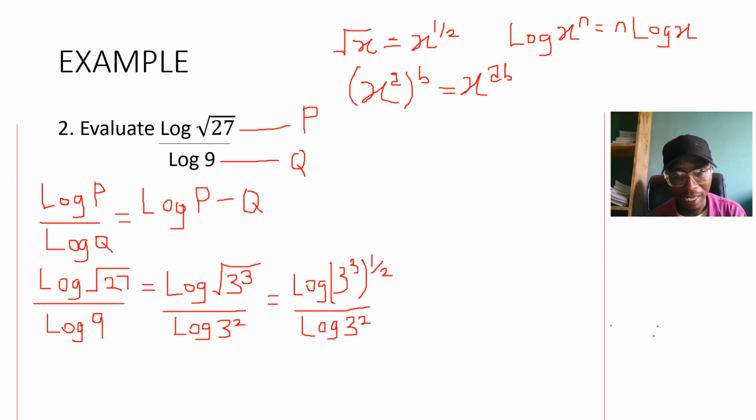So that implies that if we apply that law here at the numerator, that will give us log 3 raised to the power of 3 over 2, over log 3 raised to power 2.